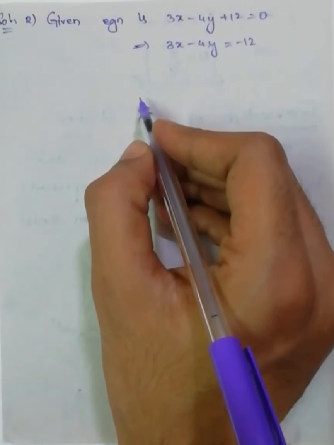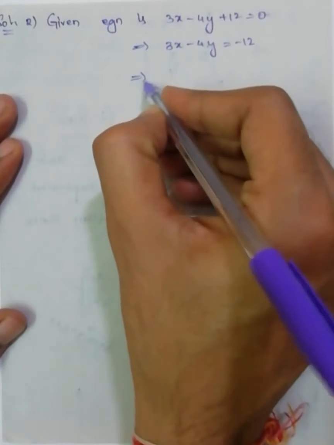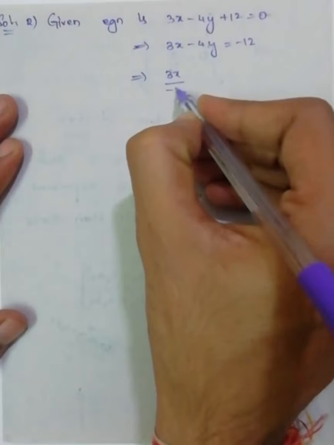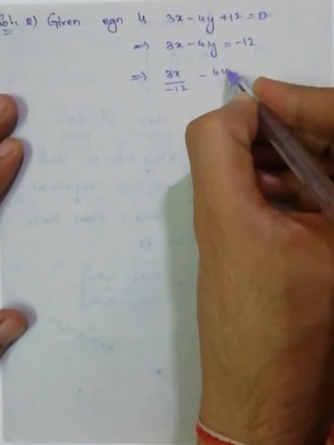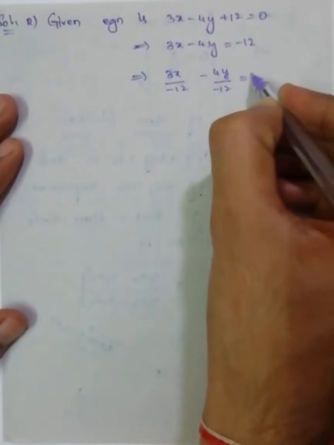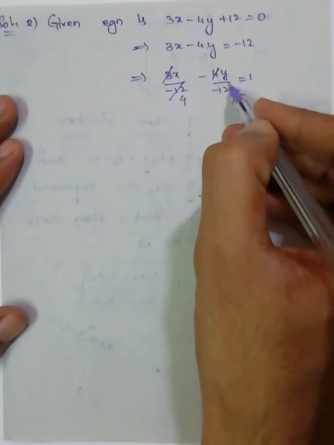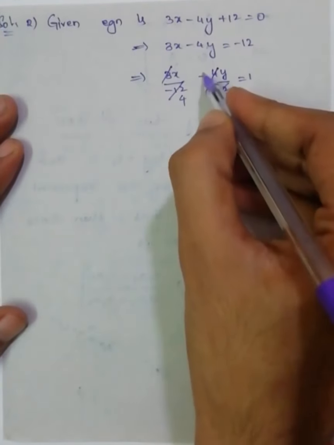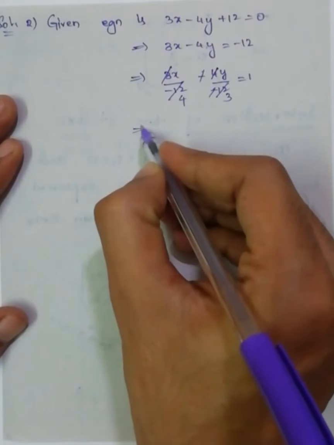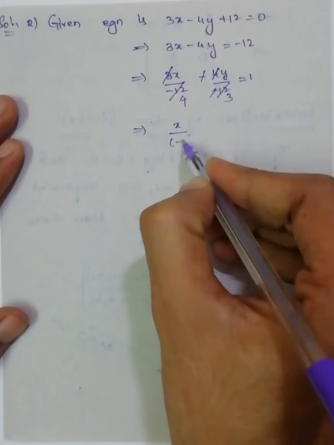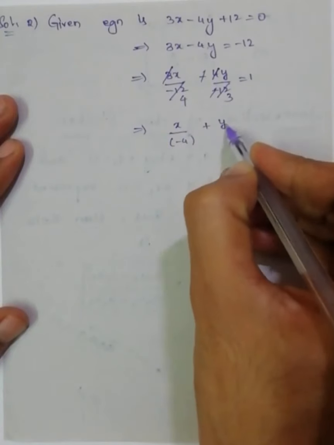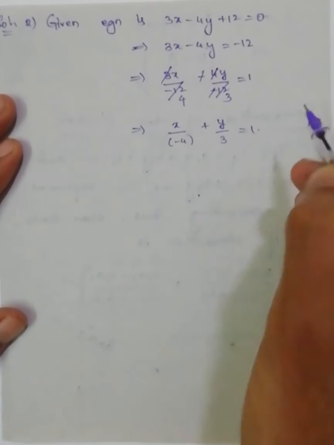Now dividing both sides by minus 12, we will get 3x by minus 12 minus 4y by minus 12 is equal to 1. 3 1s are 3, 4s are 4, and minus minus get cancelled. We will get x by minus 4 plus y by 3 is equal to 1.